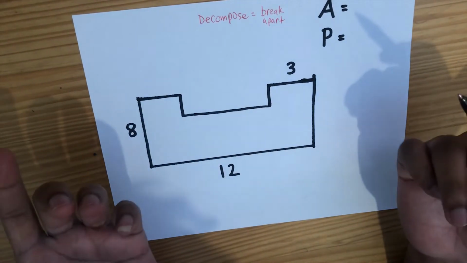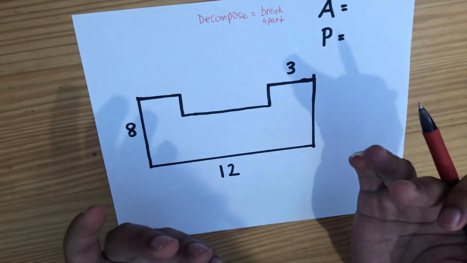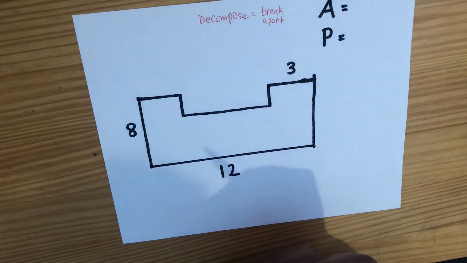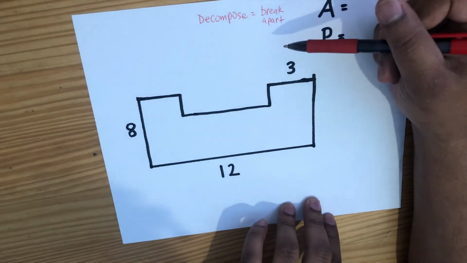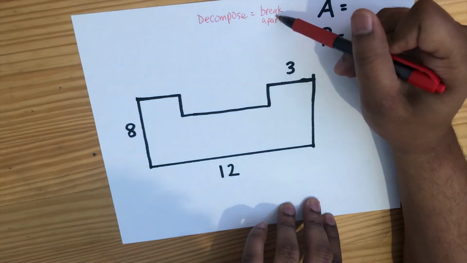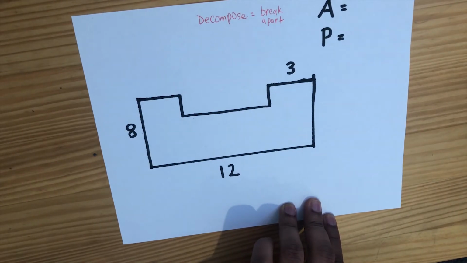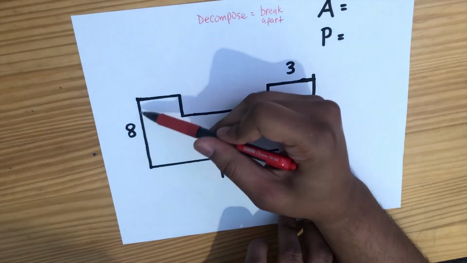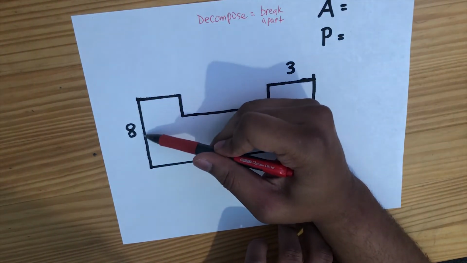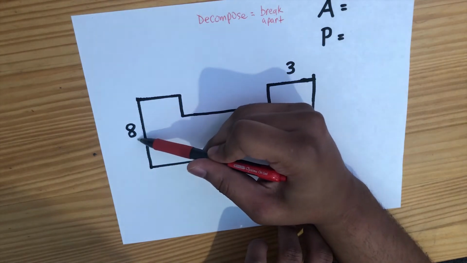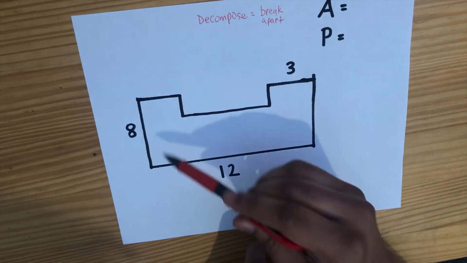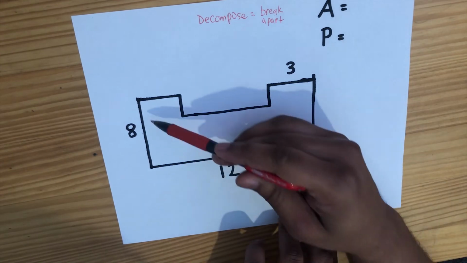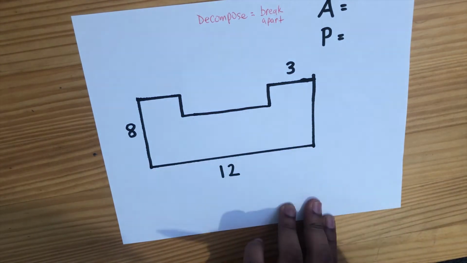No. So I know I have to find some missing numbers for sides that don't have a number. Now, let's take a look at how we're going to decompose this shape. This side says the length of this total line here is 8. Is there any other line that mirrors this line?